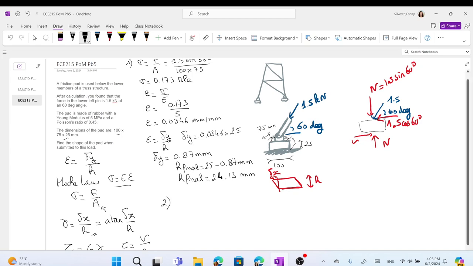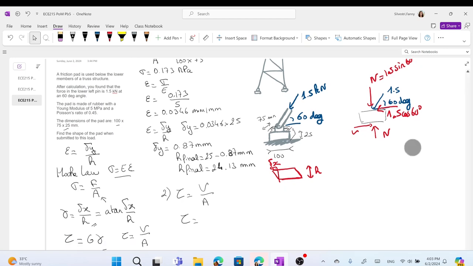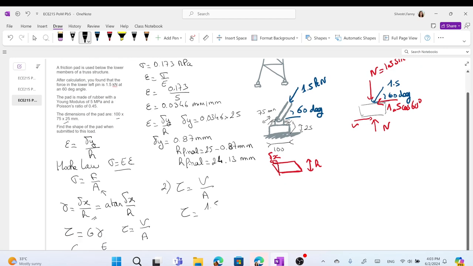Now if we look at the gamma, the shearing, we have tau equal the shearing force divided by the area, and we look at the area that is parallel to the shearing. So tau equals, the shearing force is 1.5 cosine 60 degrees, and the area is the same as the one on the top, 75 times 100.